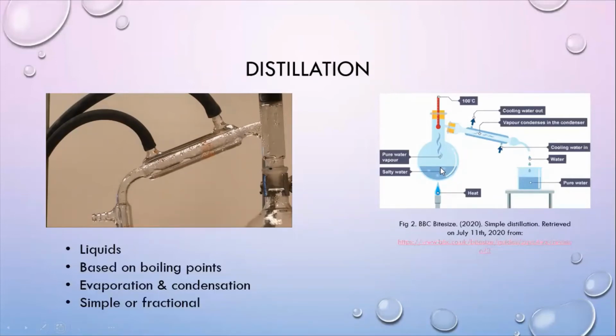So what happens is that water evaporates and then comes here, and we can obtain it through the distillation column once the vapor condenses when it's cold, and the salt will stay here.